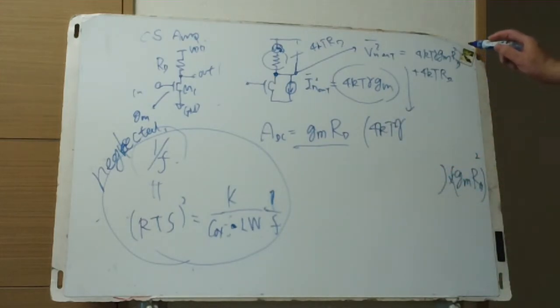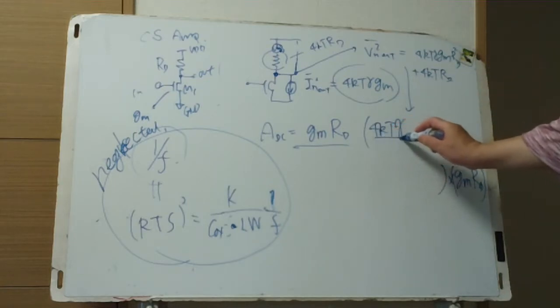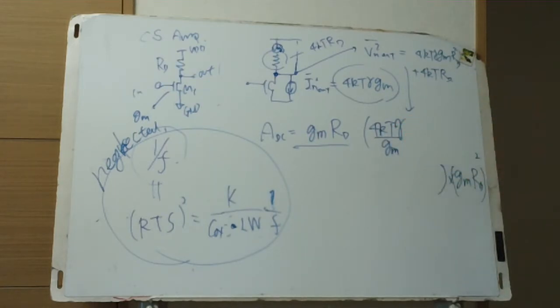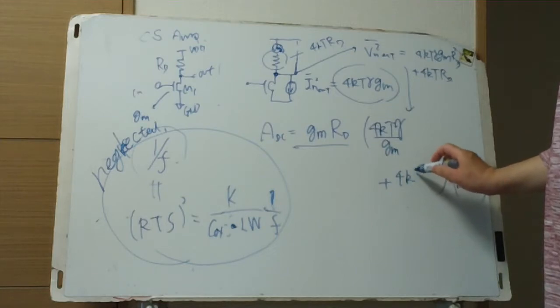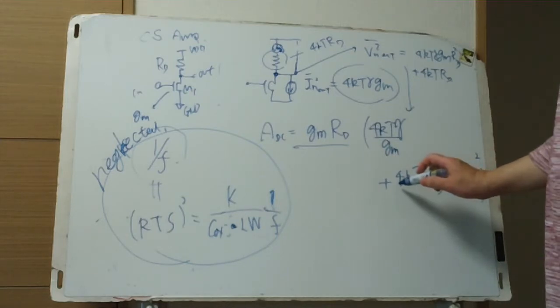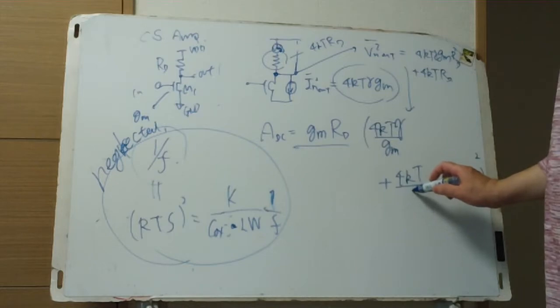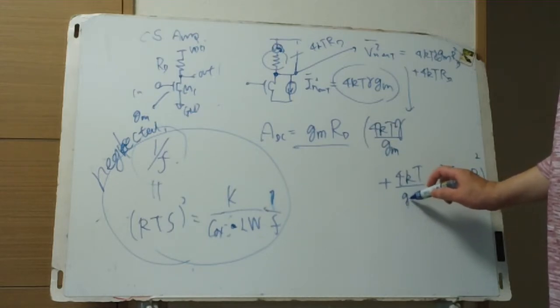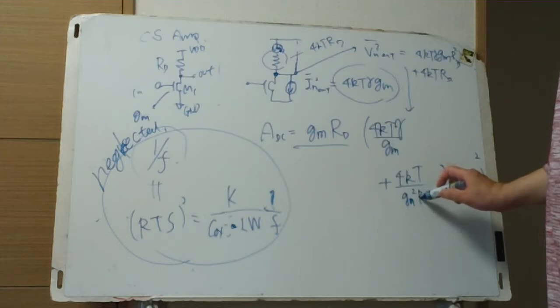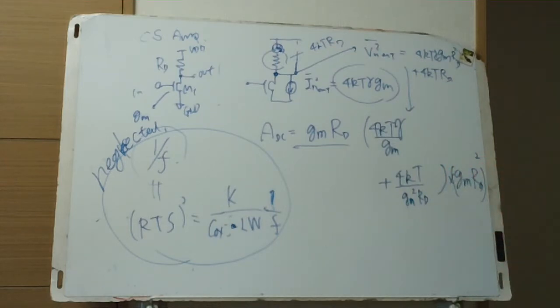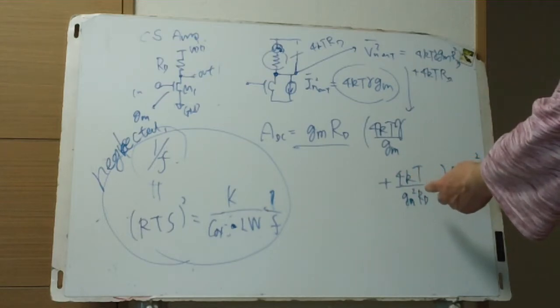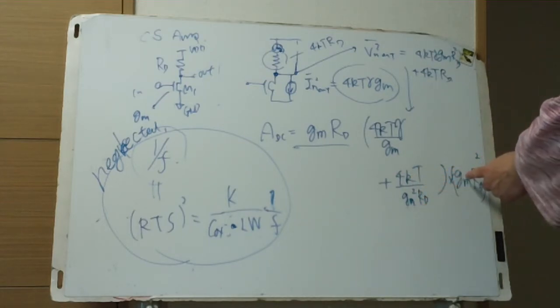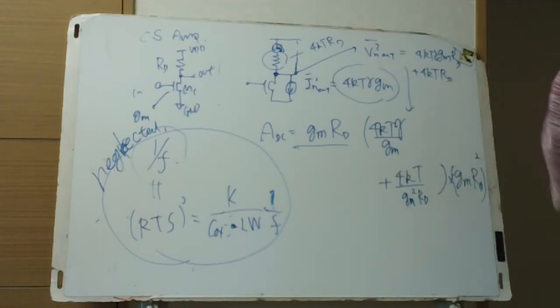So gm RD, this is divided by gm, and this is divided by 4kT R, gm squared RD, gm squared RD squared RD.